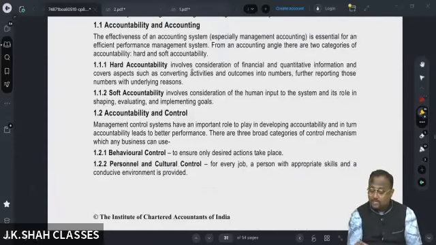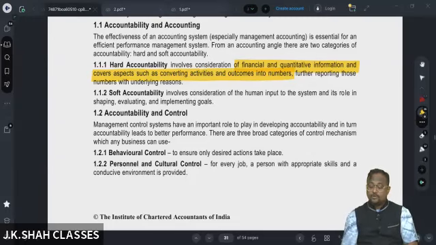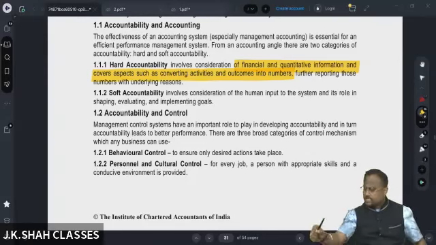So hard accountability involves consideration of financial and qualitative information and covers aspects such as converting activities and outcomes into numbers. Purely on the basis of number game. 15 लाख का प्रॉफिट चाहिए, 15 दिन में ऑडिट खत्म करके चाहिए, 60 आवर्स में सिलेबस खत्म चाहिए.